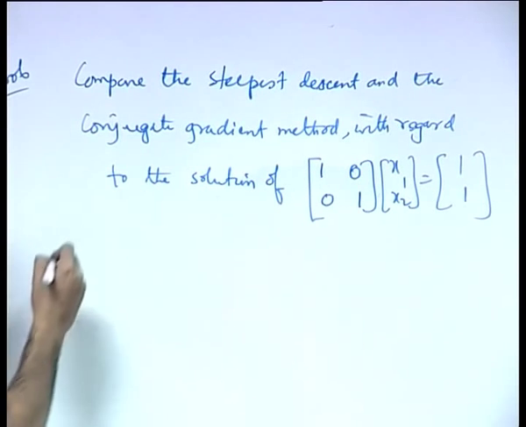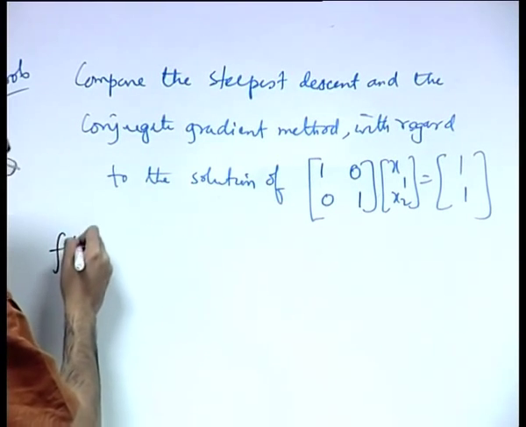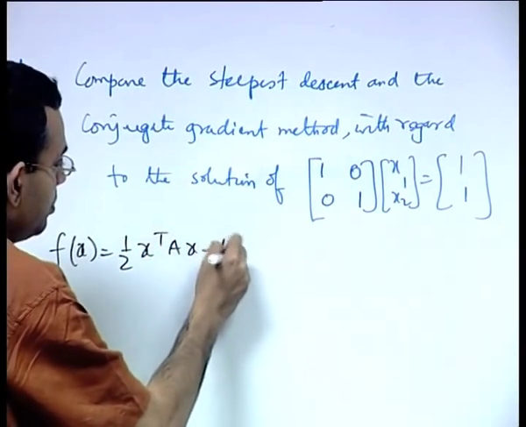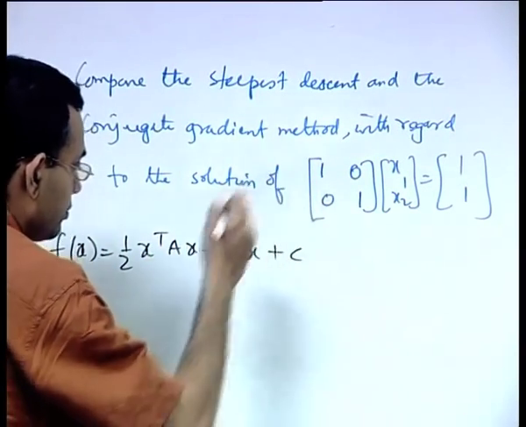So let us find out what is f(x), half of x transpose Ax minus b transpose x plus c.